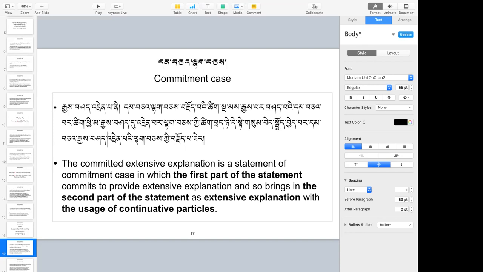The third type was a context or characterization, where the first part does the contextual etymology provided in the second. And then finally this one, where the first one is a general statement, and so it requires further elaboration. So inferentially it commits to provide further explanation.